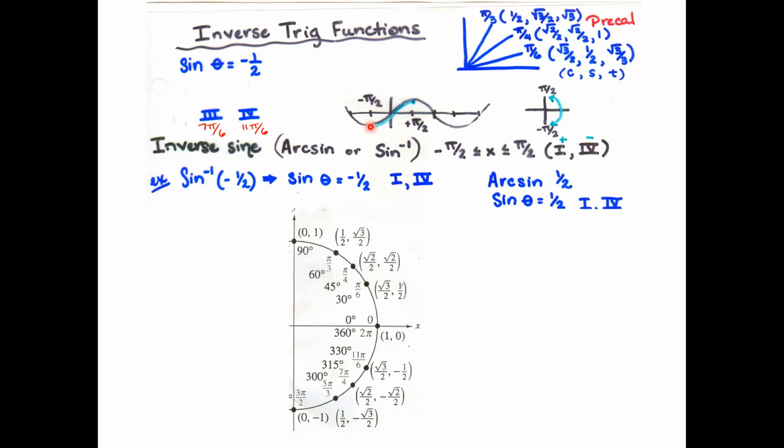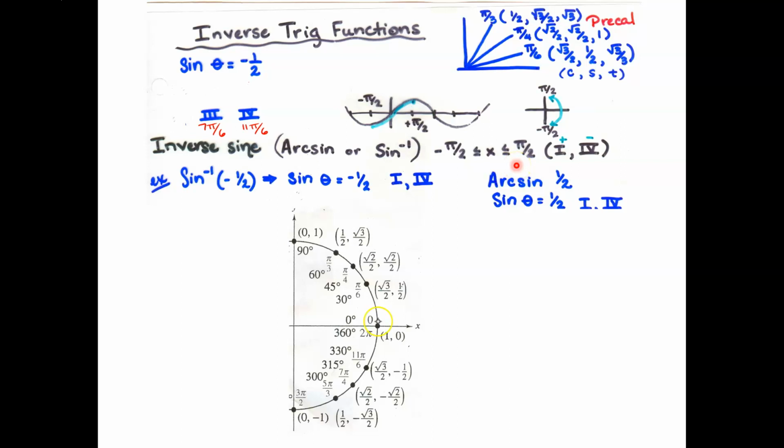So it would be a function, and its inverse would be a function. It would be 1-to-1. So anytime that I see arcsine or inverse sine, those are both notations for the inverse sine curve, and it is only going to be valid within the domain of -pi/2 to +pi/2.